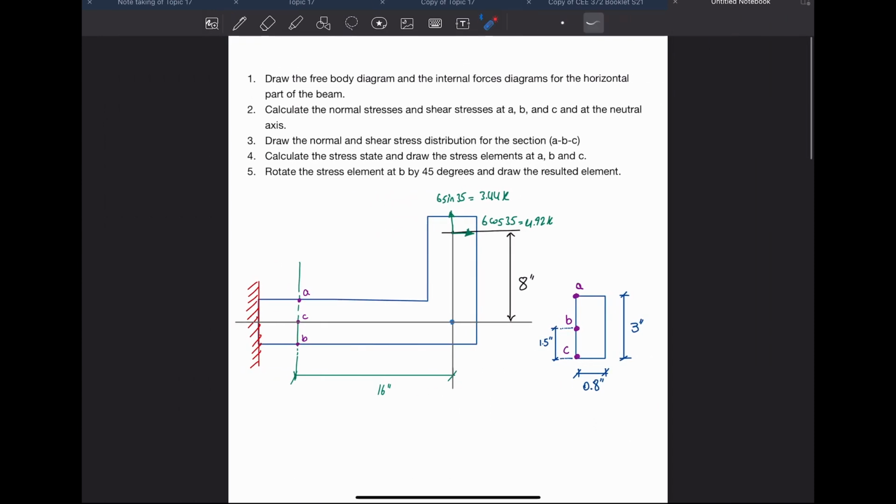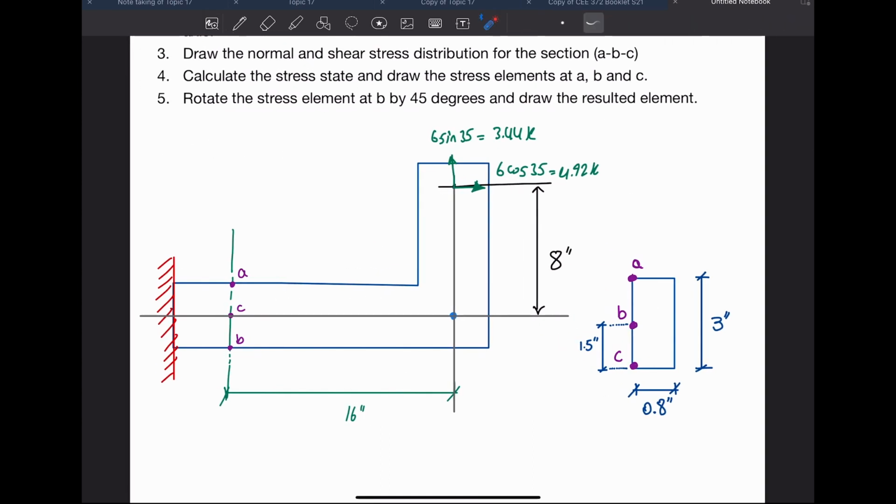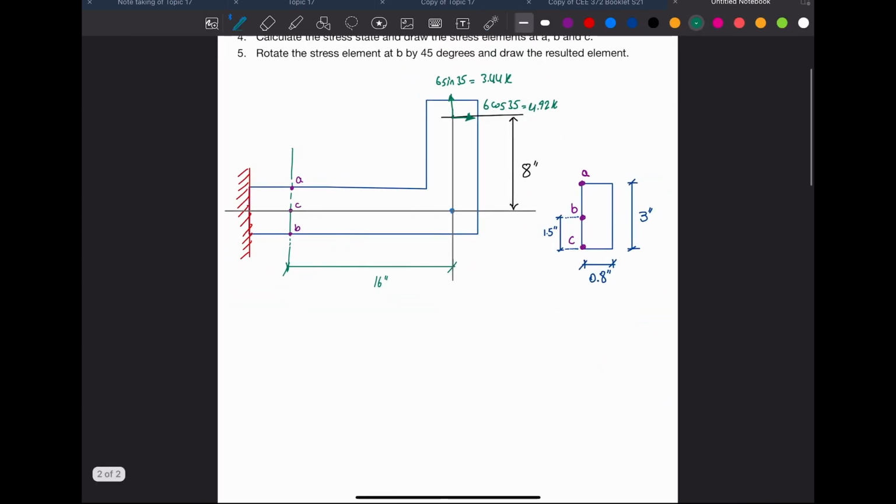Okay, now since I do have horizontal force and vertical force here, I want to take them and put them here. But again, when I move a force from one location to another, I move it with a bending moment. So let me first draw the free body diagram. For that beam, I do have this horizontal beam, and I do have a force here, 4.92 kip, and I do have a vertical force here, which is 3.44 kip.